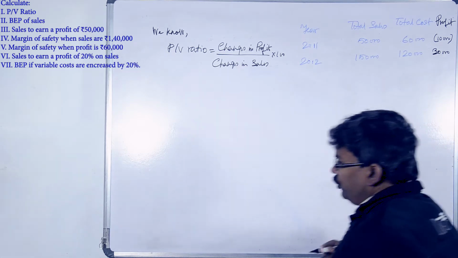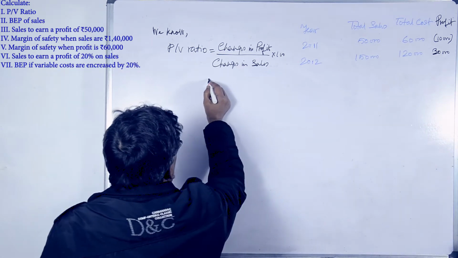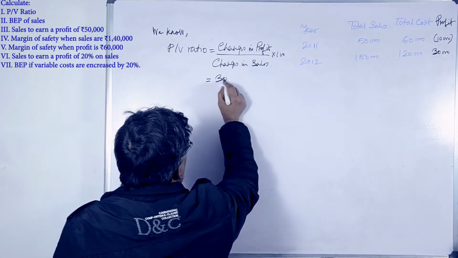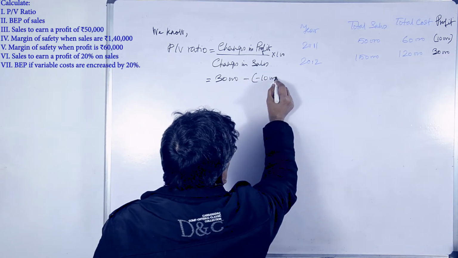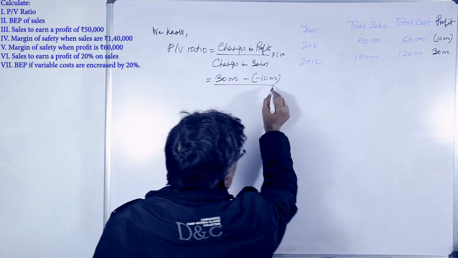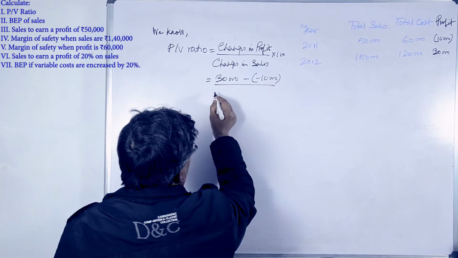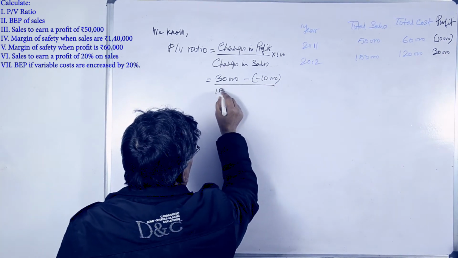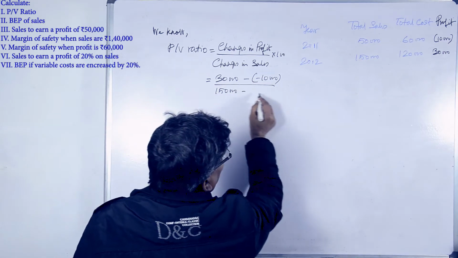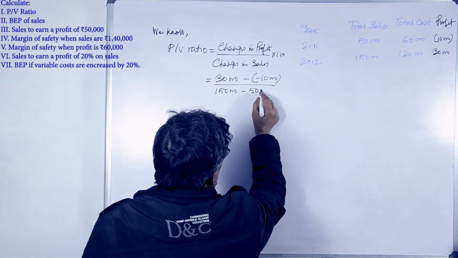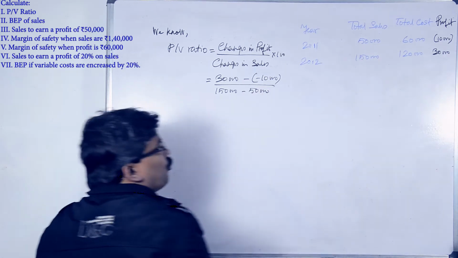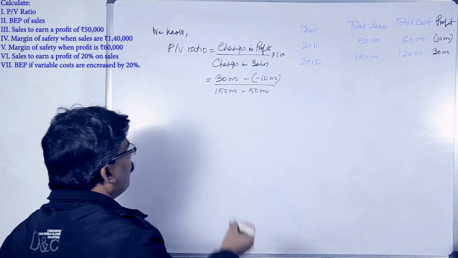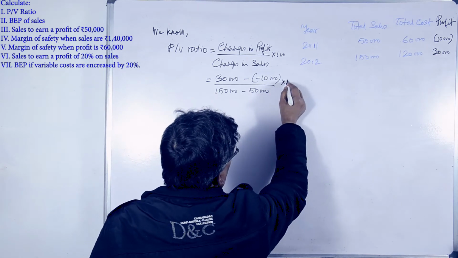Now if you want to get the changes in profit, we can do it this way: 30,000 minus 10,000, divided by changes in sales, 1,50,000 minus 50,000. Difference of this is changes in sales, and difference of profit is changes in profit, into 100.